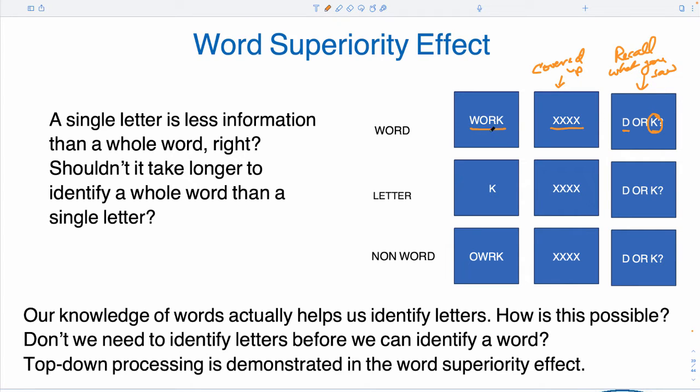So here, the 4 letters, they're covered up. You're asked if there's a D or K, and you access your memory to see what that might have been. In the letter condition, just shown the 1 letter, covered up with the X's, and then the same question, D or K. And then a non-word condition.